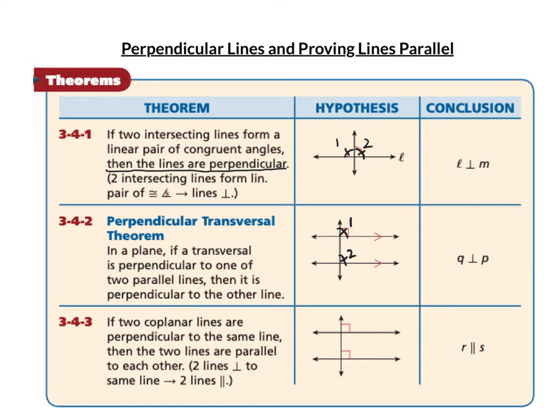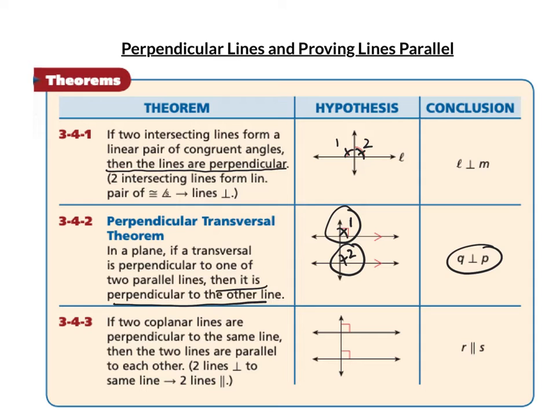And if one of them is a right angle, there it is, angle 1, then the other's got to be a right angle because they are congruent. Again, it is if in a plane a transversal is perpendicular to one of two parallel lines, it is also perpendicular to the other line. Again, note the conclusion. Then it is perpendicular to the other line.